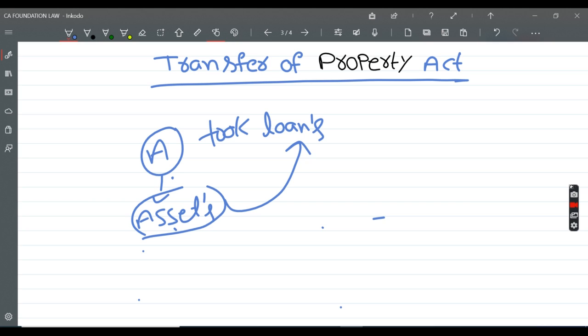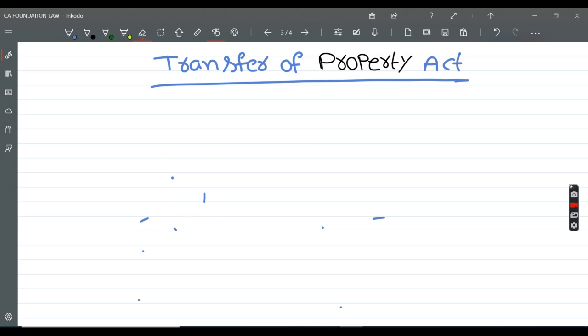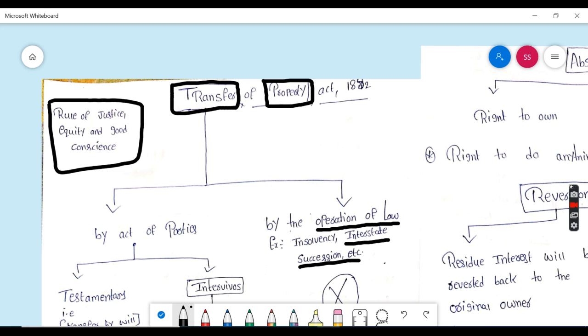That is also law. A is not transferring his assets, they will automatically take his assets because that is the law. So if any transfer happens because of the operation of law instead of action of the parties, then we won't consider that.